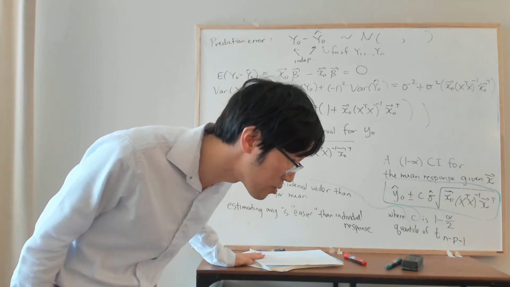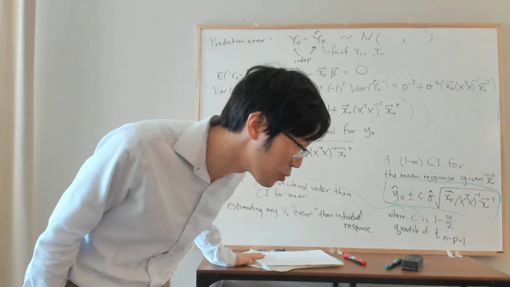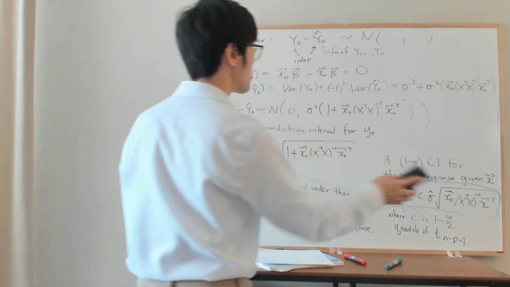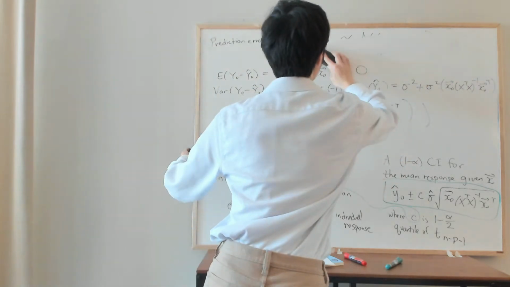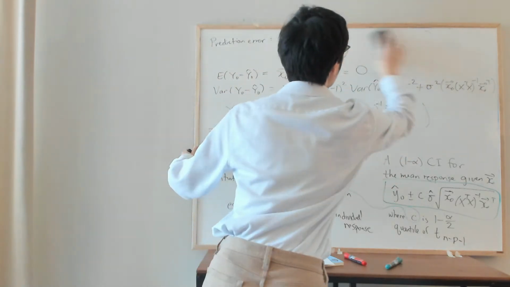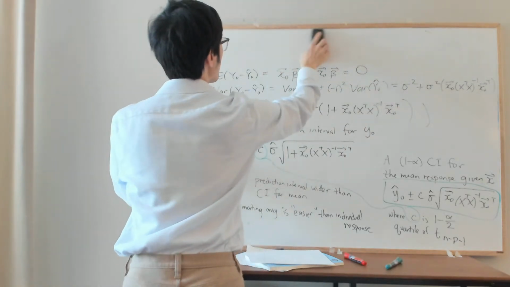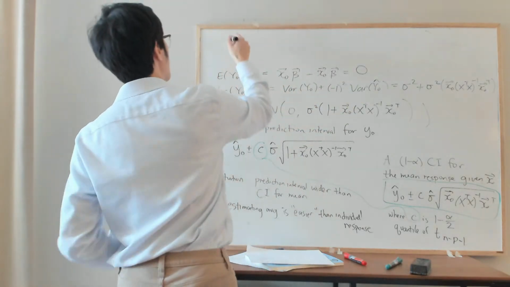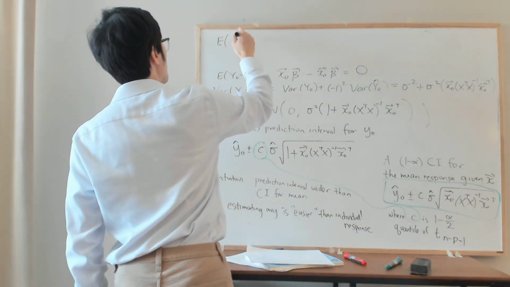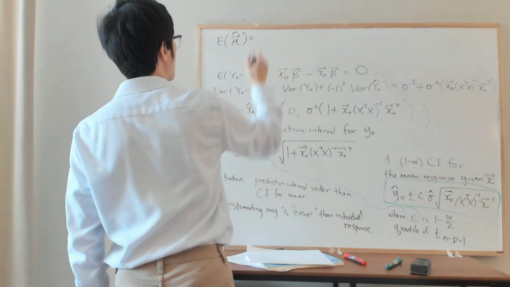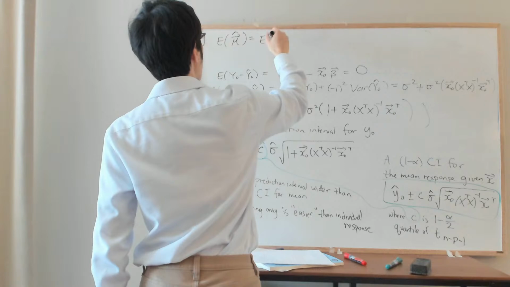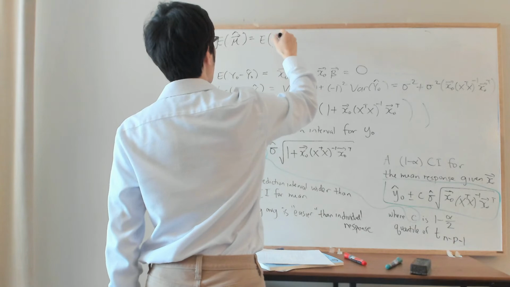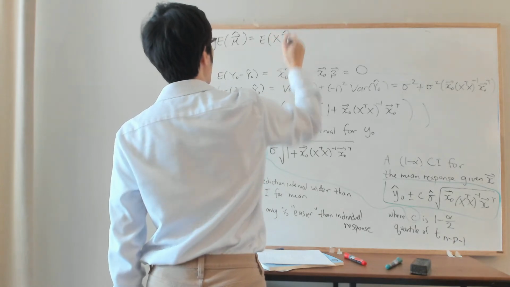Okay, there's another question: how is the expectation of mu hat equal to x beta? That's not on here anymore, so let me make a little room here. We need to do the expectation of mu hat, so that's E of this expression. Mu hat is x beta hat, that's the definition.